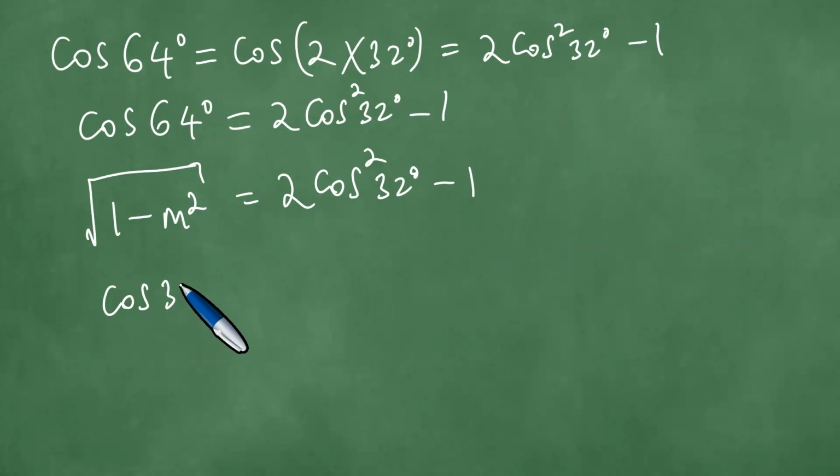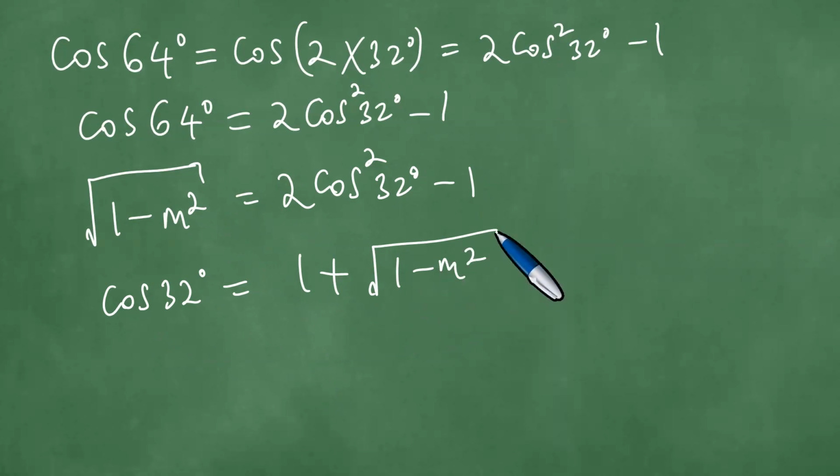So you have cosine squared of 32 degrees equal to 1 plus the square root of 1 minus m squared, all over 2. So that you have the cosine of 32 degrees. You divide by 2 and you take the square root.